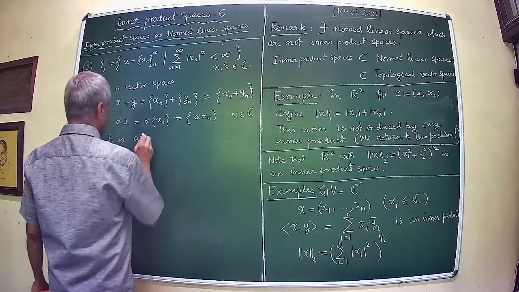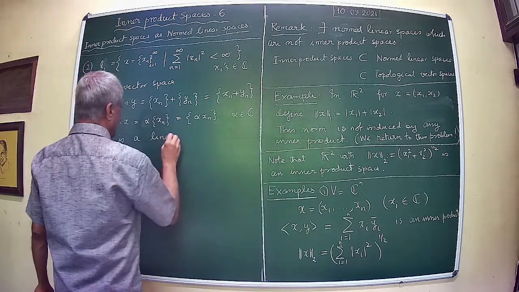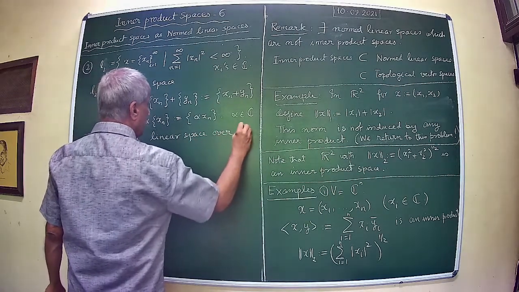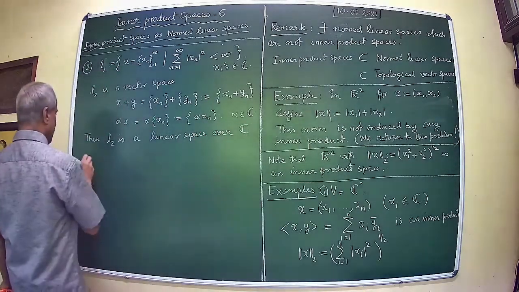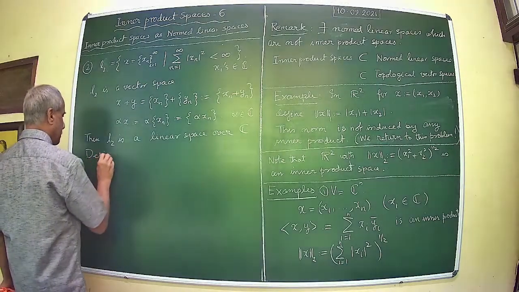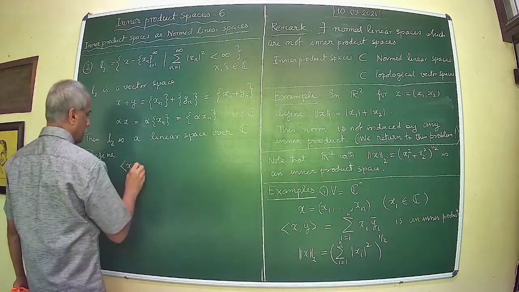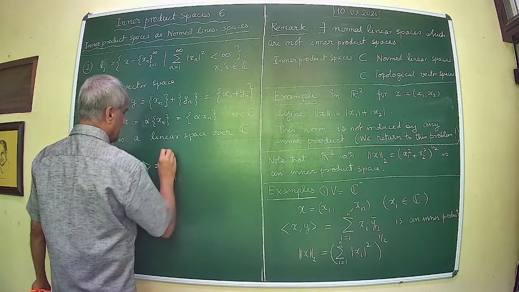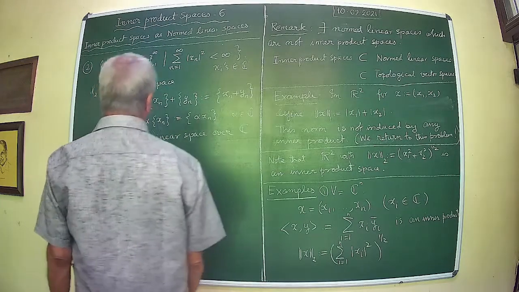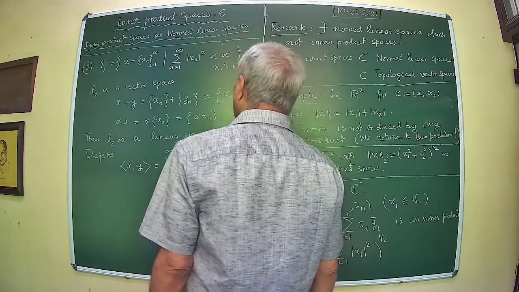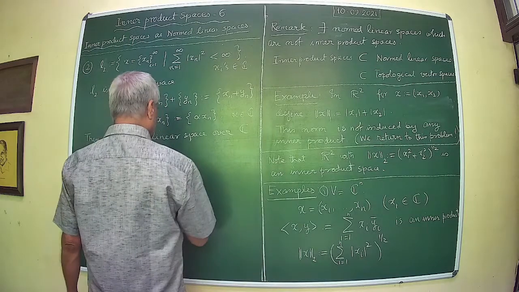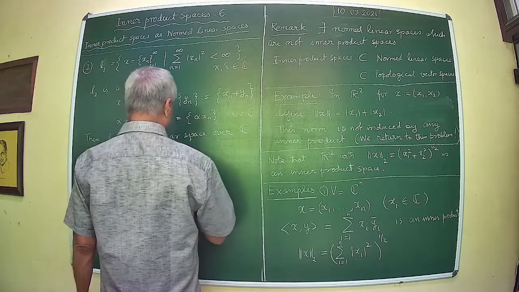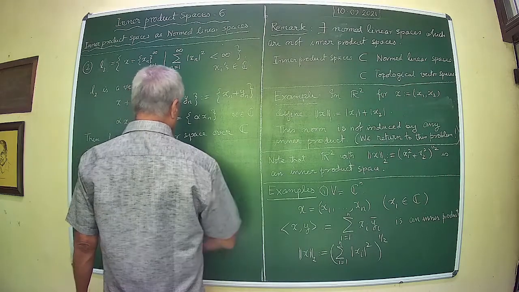With the property that this sum is finite. A normed linear space. That's easy to show. Now define conjugate.